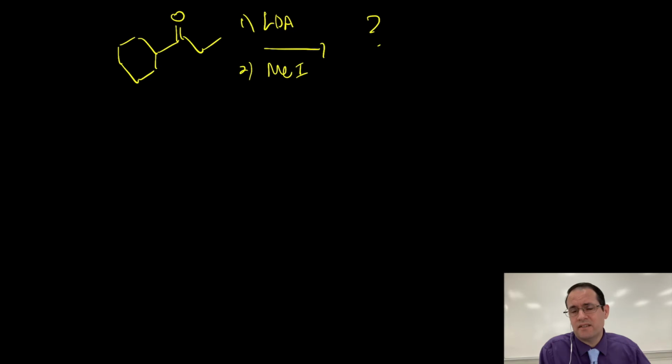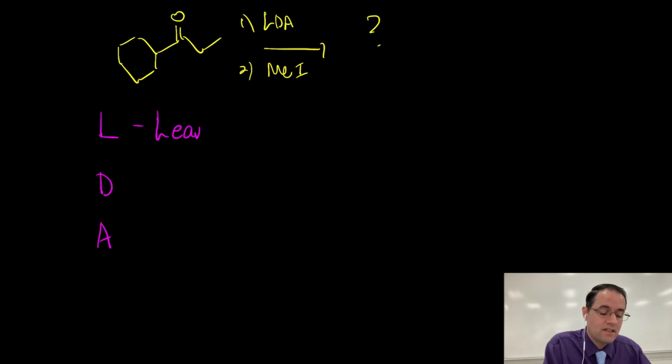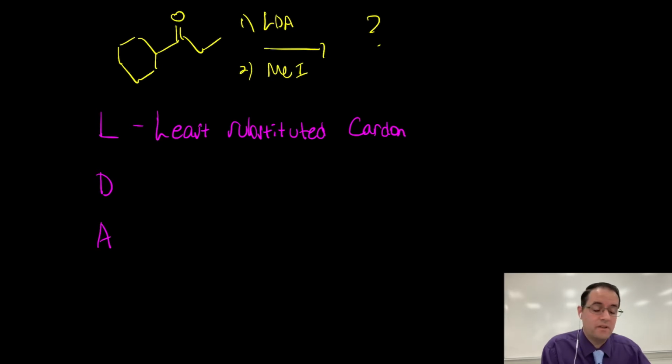Remember, LDA stands for lithium diisopropylamide, but here we're going to define it as a different set of abbreviations. So L is going to stand for look for the least substituted carbon. So let's do that together.